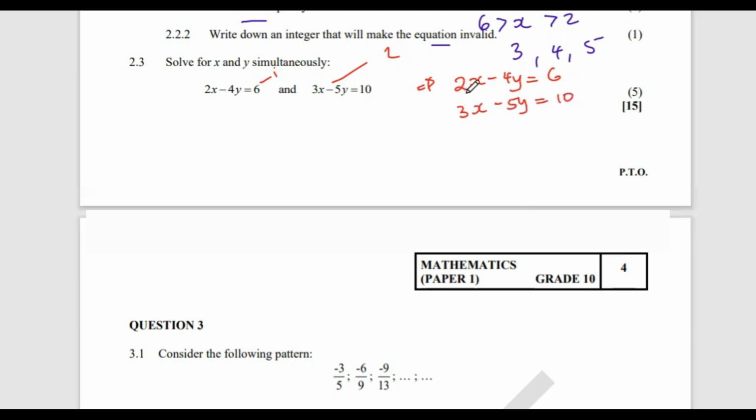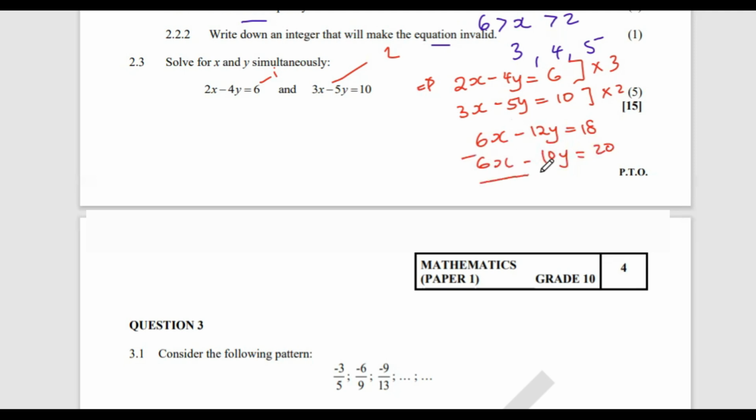Now, if I want to eliminate x, I'll multiply the top equation by 3 and the bottom equation by 2. So the top equation is going to be 6x minus 12y is equal to 18. The bottom one will be 6x minus 10y is equal to 20.